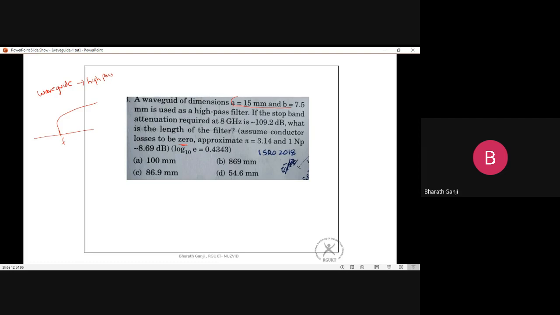So if that is what they're doing, then maybe we can calculate the beta value, and from the value of beta at 8 gigahertz, maybe we can calculate the attenuation constant. I think that is the only way we can solve it, but we'll see.